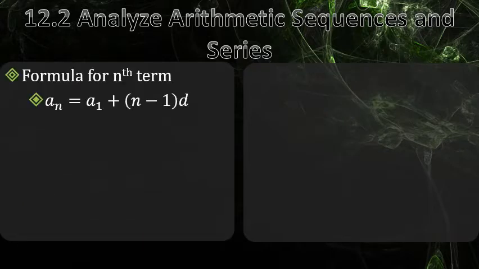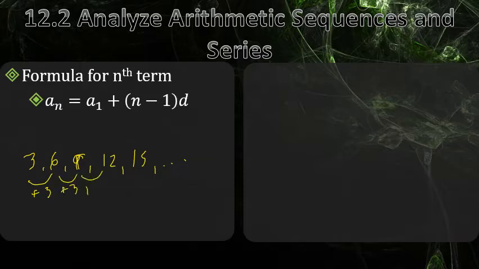The formula for the nth term is this. Anybody care where it comes from? Well, let's see. Let's say we had 3, 6, 9, 12, 15. Well, this would be plus 3, plus 3, plus 3, plus 3. So to get the 3, it's just 3.